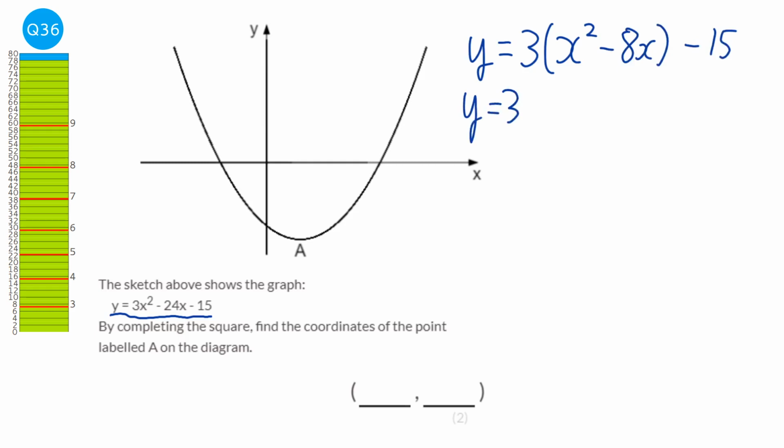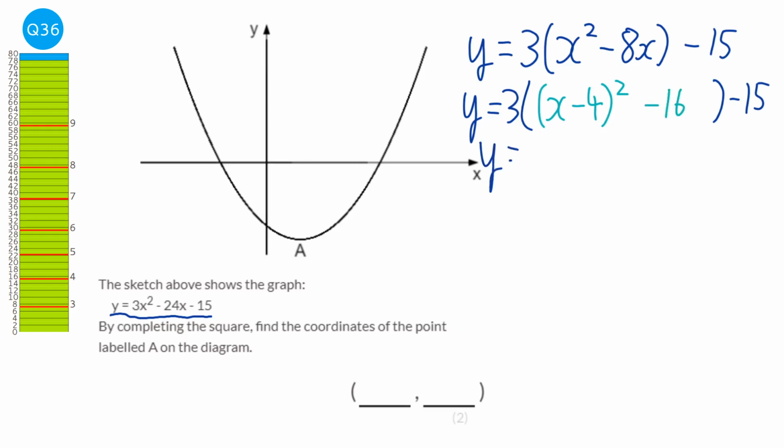Next I'm going to complete the square, so I'm going to do this in a different colour just so we can see what's happening. And to do this, we have a bracket with an x minus half of the coefficient of the x. So that'd be 4 squared. Now if we expand that, we get x squared, brilliant, minus 8x, fantastic. And then we have a plus 16, so we need to remove the 16. So we're going to take away the 16.